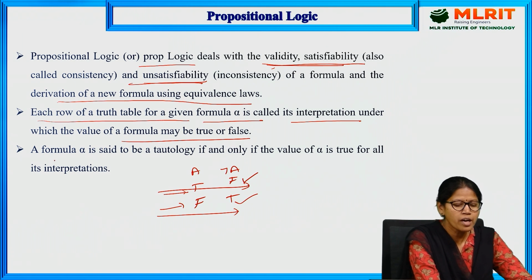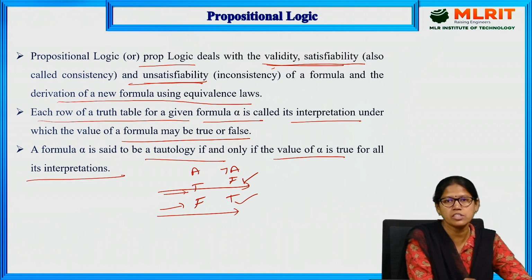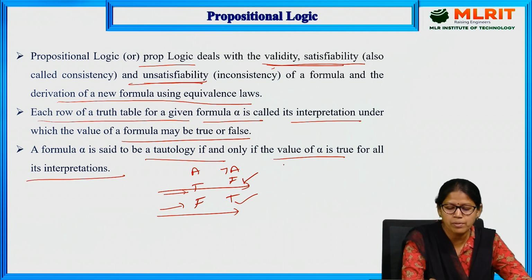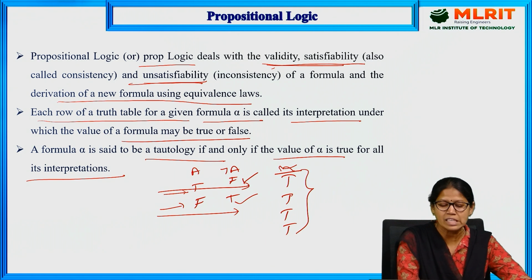A formula alpha is said to be a tautology if and only if the value of alpha is true for all the interpretations. So if you derive some alpha, and in all the interpretations we get true, then it is said to be a tautology.